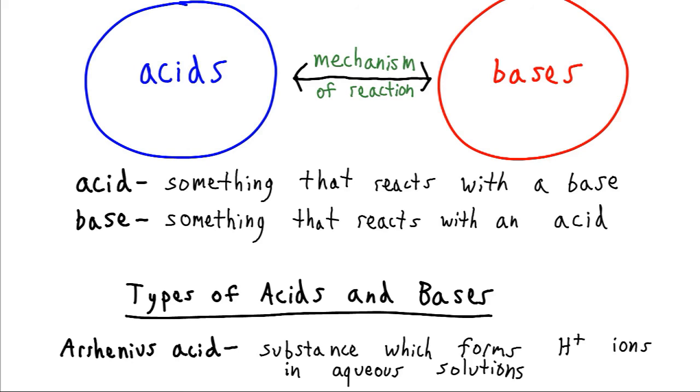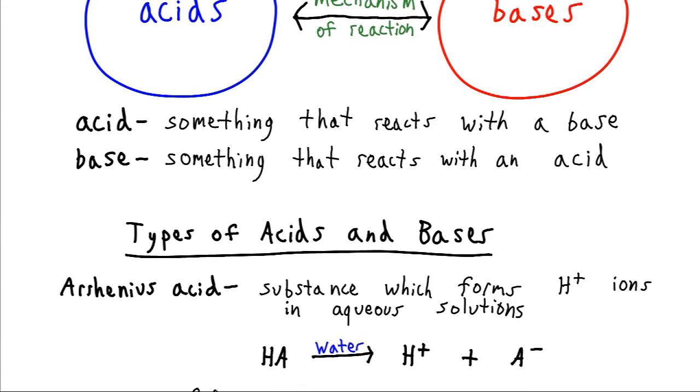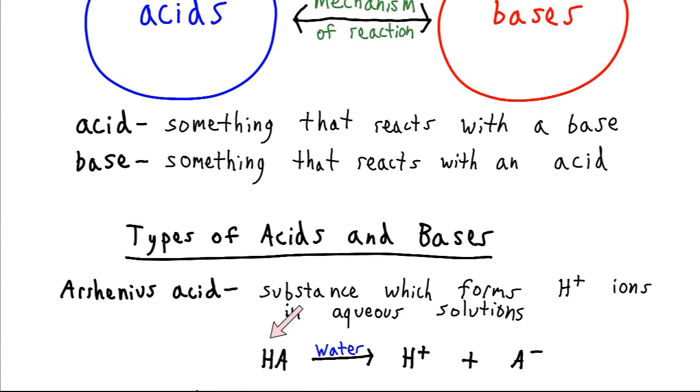An Arrhenius acid is going to be something that forms H+, so that's a proton, it's a hydrogen that's lost an electron, in aqueous solution. So we'll have our hydrogen and some conjugate anion, and when we put it in water, it will dissociate into the hydrogen ion and whatever the other negative ion is.